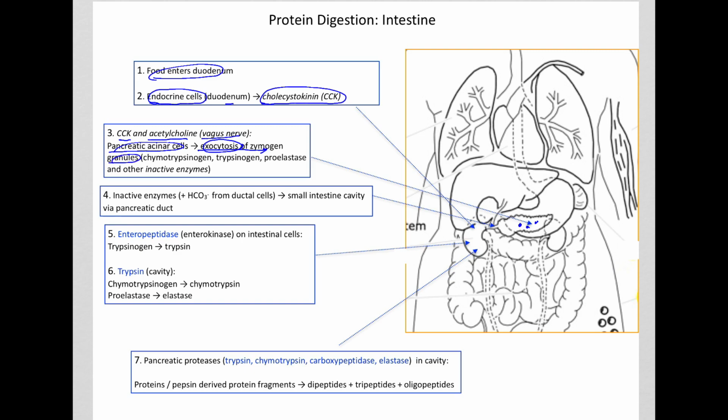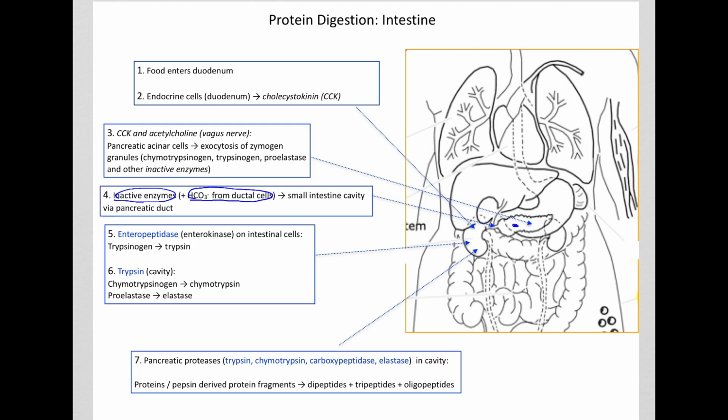These granules contain a lot of inactive enzymes such as chymotrypsinogen, trypsinogen, proelastase, and many other inactive enzymes. So these zymogens, together with a lot of bicarbonate, which is made from the ductal cells in the pancreas, will be secreted from the pancreas.